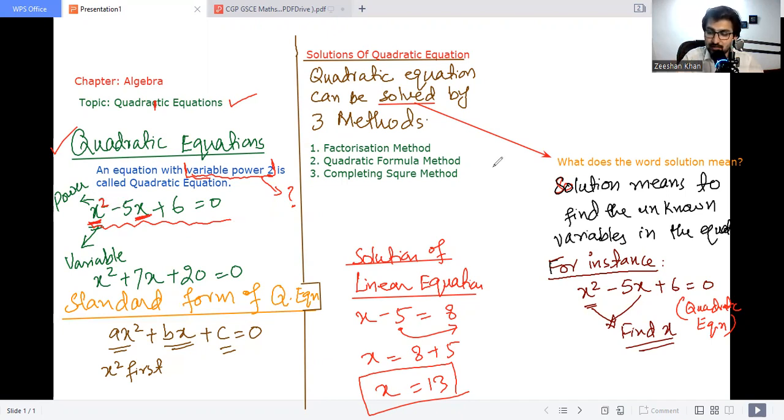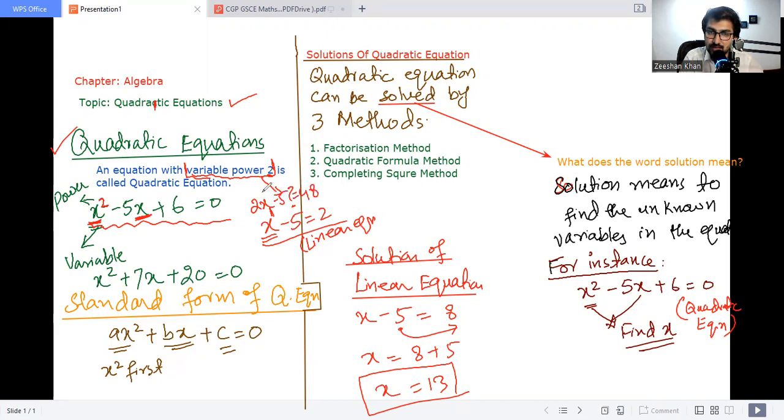On the other hand, if I give you an example of a linear equation, this is a linear equation: x minus 5 equals, let's assume, 2. Why do we call this a linear equation? Because the variable is x, and the power is 1. So when the power is 1, we call that a linear equation. It does not have to be like this. It could also be like this: 2x minus 5 equals 48.